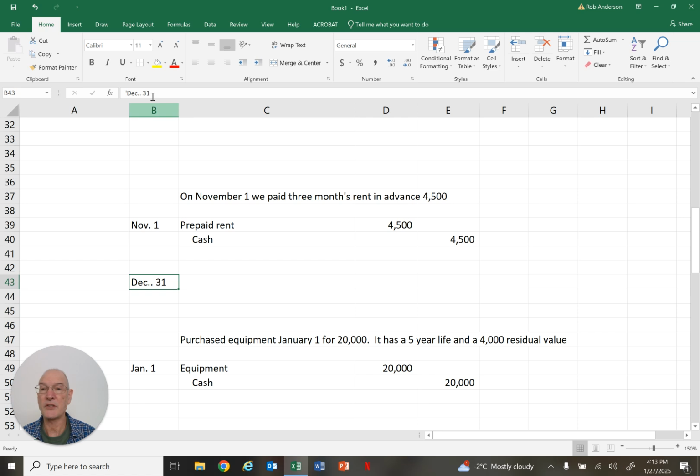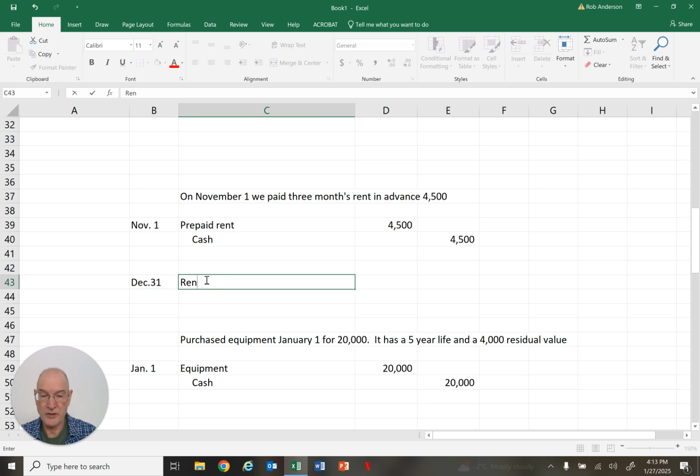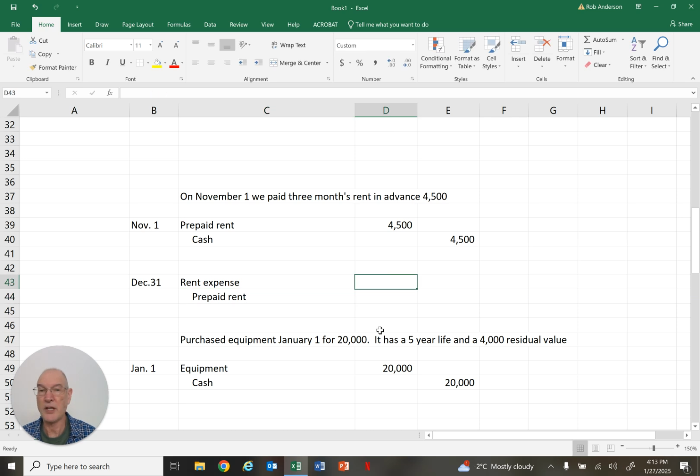So let's just do that. We're going to have a debit to rent expense, and we have to credit our asset, prepaid rent. Now again, $1,500 a month for 2 months, that's $3,000.